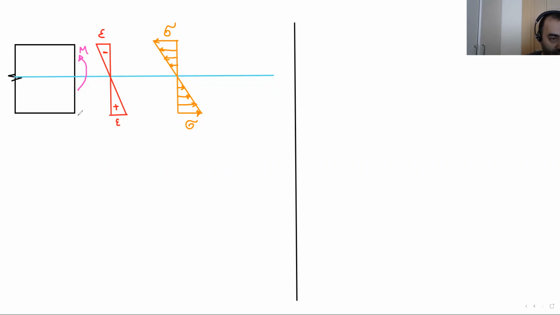Now, to write the equations easily, let's take a point on the structural member. For example, being here, let's have an area here. The area is dA.